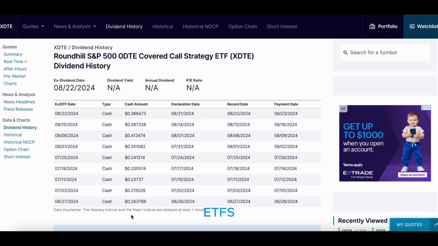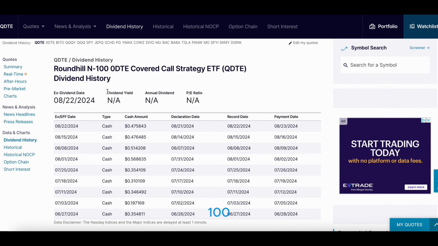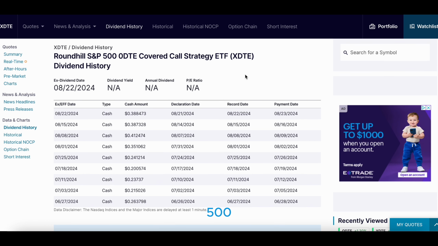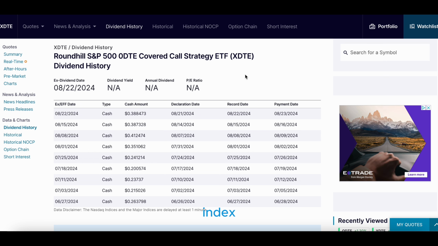Not a lot of ETFs do that. Plus, Roundhill targets minimum downside, or NAV erosion as they call it, on their assets. But the difference between XDTE and QDTE is that QDTE is based on the Nasdaq 100, whereas XDTE is based on the S&P 500 index.